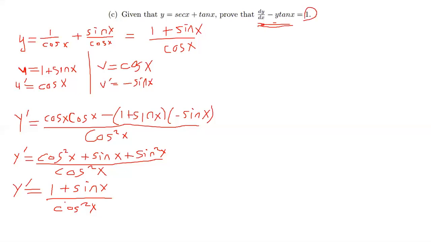So what you do here, let me just divide the board. Where there's dy dx, I'll put this, and where there is y, I'm going to replace with that. Let me simplify y prime further. So 1 over cos squared x will give me sec squared x.